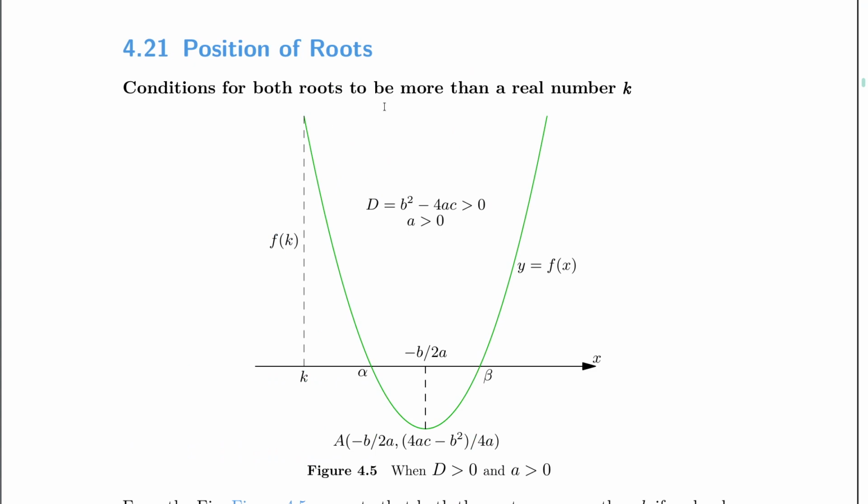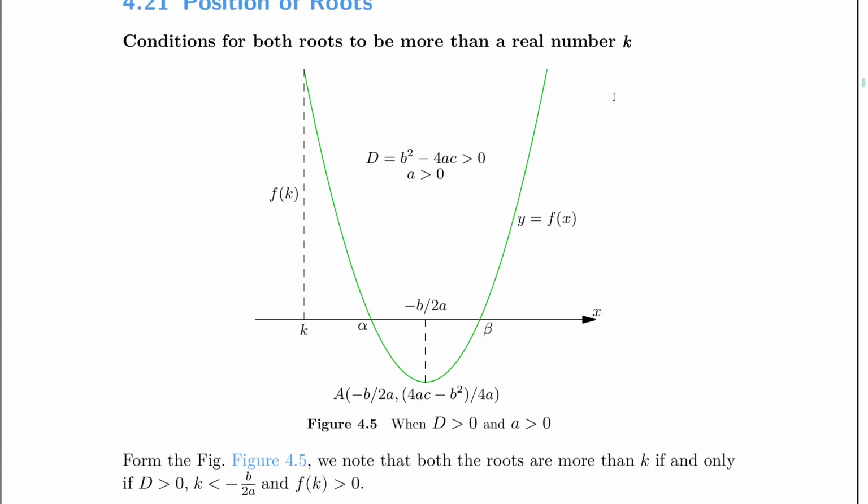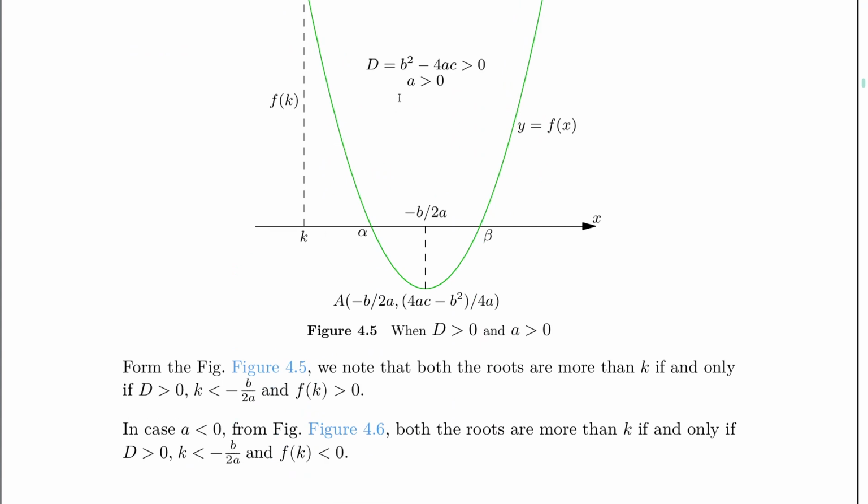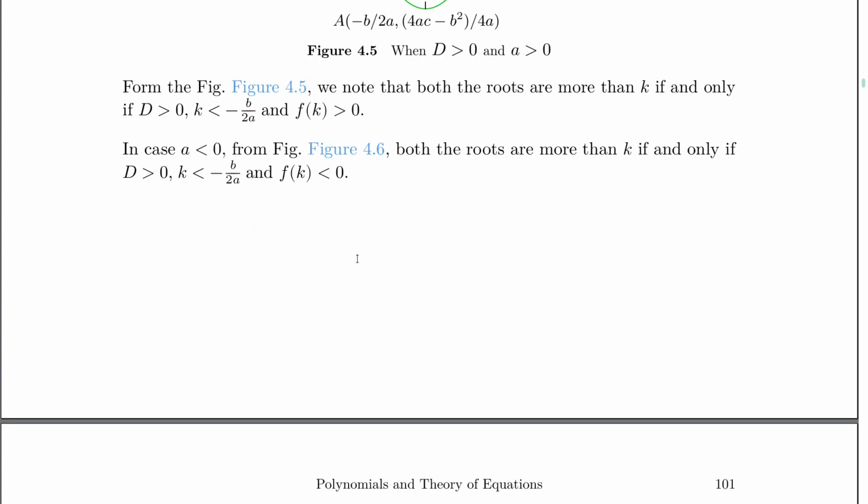Now we look at the position of roots. So first is the condition for both roots to be more than a real number k. So in this case, we have alpha, beta here, and this is f(x), and suppose this is our k. Okay. So in this case, if D is greater than 0 and a is greater than 0, then k should be less than minus b by 2a, and f(k) should also be greater than 0.